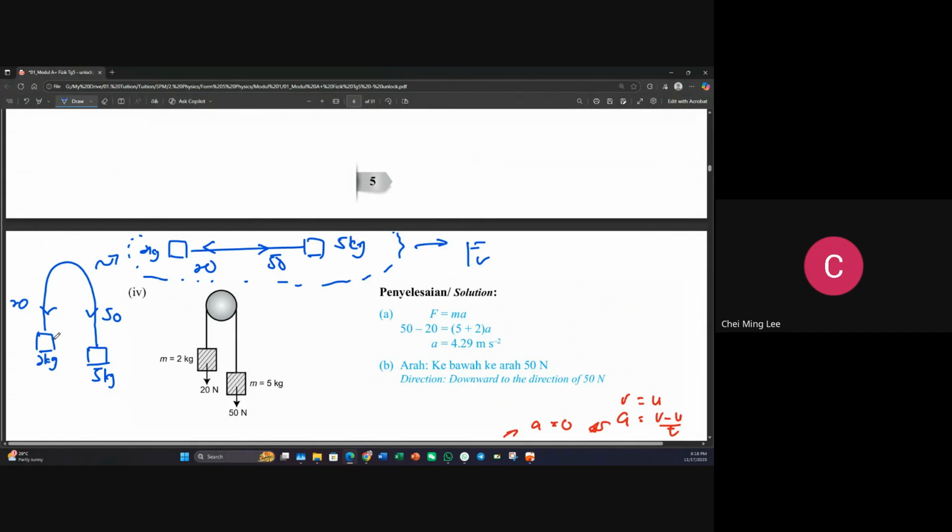The mass is 5 plus 2. So a will be 4.29, because remember, resultant force only acts in one direction. That's why we consider the two loads moving together. So it's downward, in the direction of the 50 Newton.